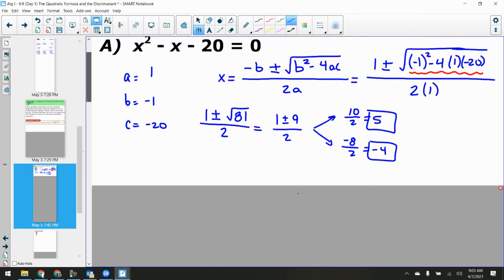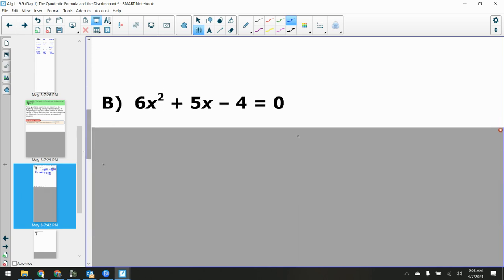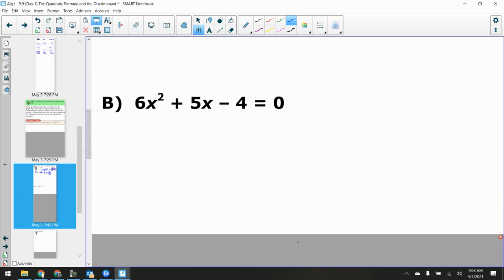So let's do it again. This is your example B, right? Yeah, it's x squared plus 5x minus 4. Okay, first thing, is it set up in standard form? Okay, good. What's my A value? 6. What's B? 5.